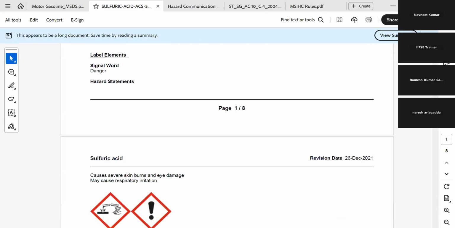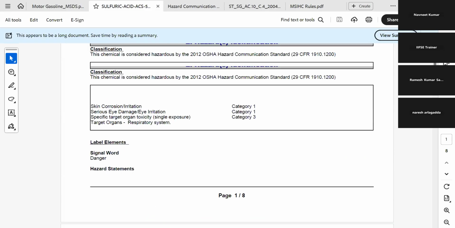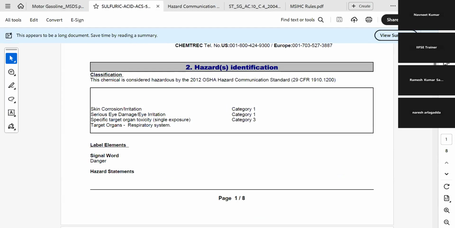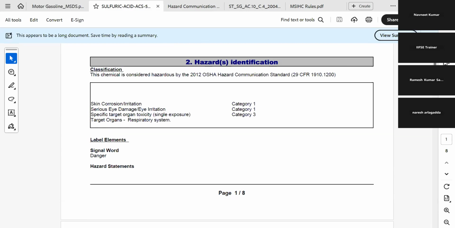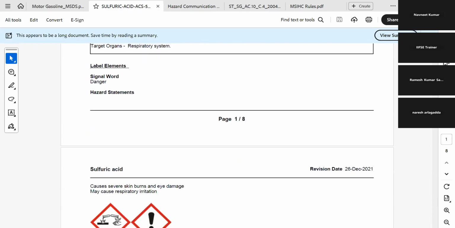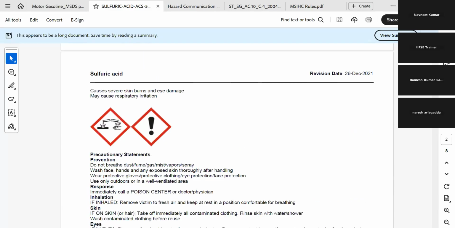Okay, so here we have a pictorial representation as well. When we talk about hazard identification, it is skin corrosion, irritant to eyes, or specific target organ toxicity, or target organ respiratory systems. Even if you see the risk numbers or safety or risk categories, I am not able to recall exactly.